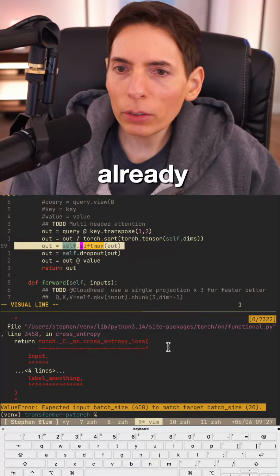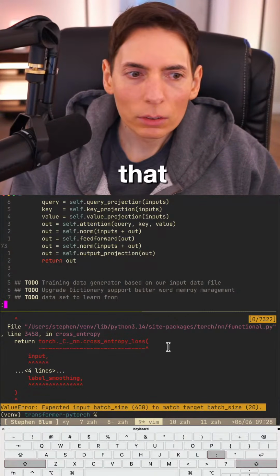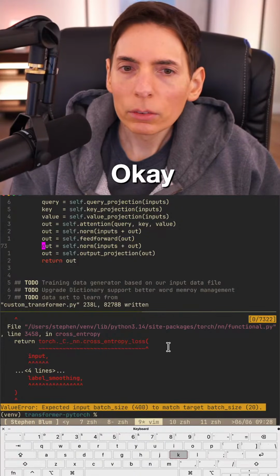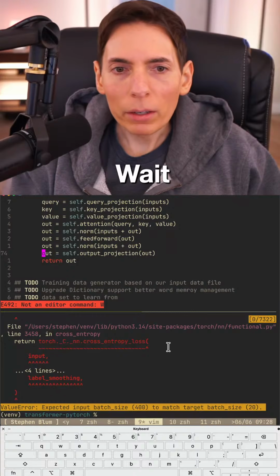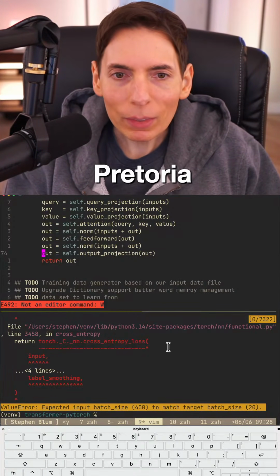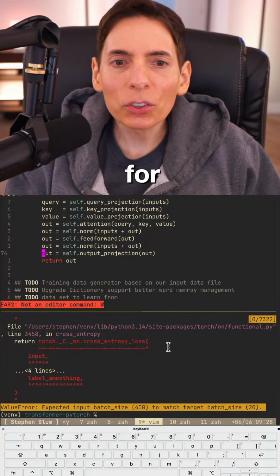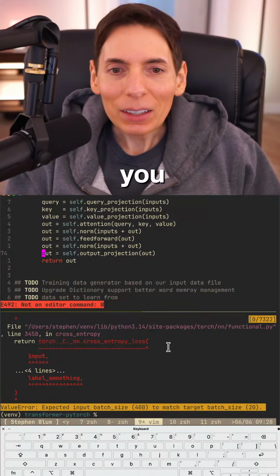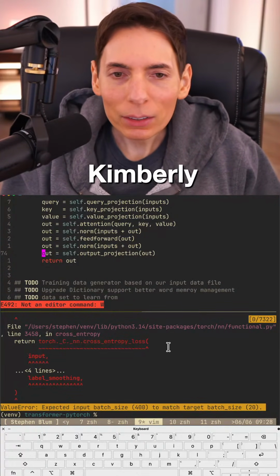Okay, since we already did softmax here, we don't need that. In Pretoria. Wait, there's Pretoria. I don't even know where that is. What's Pretoria? Oh, thank you. You filled in some holes. Kimberley.